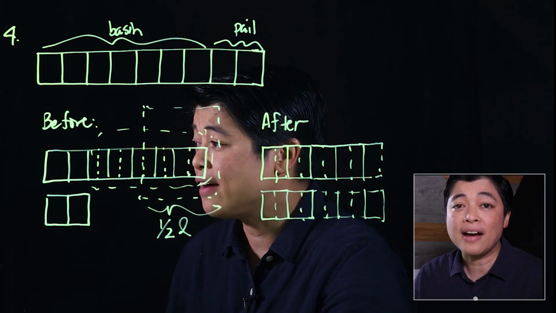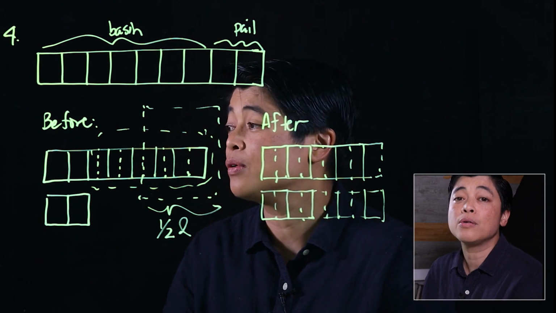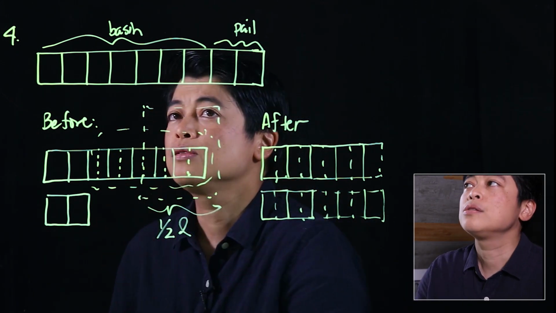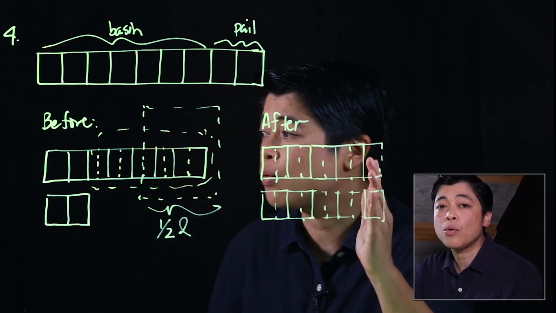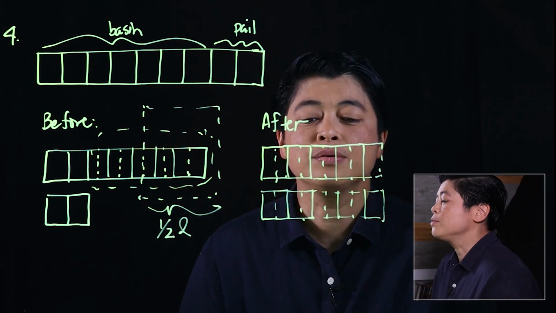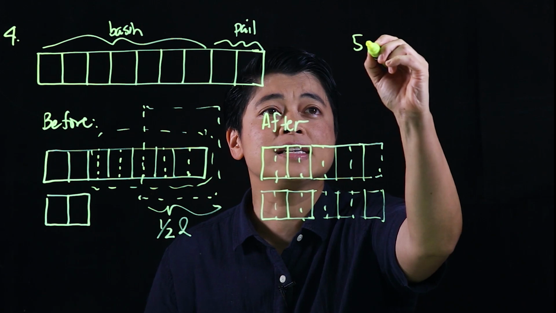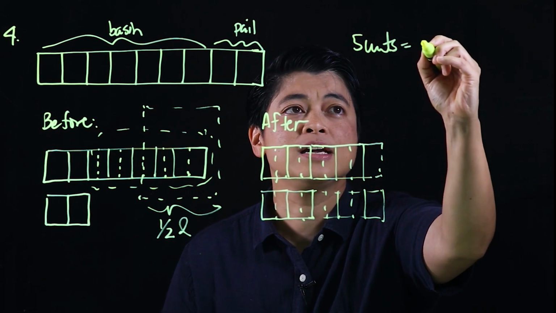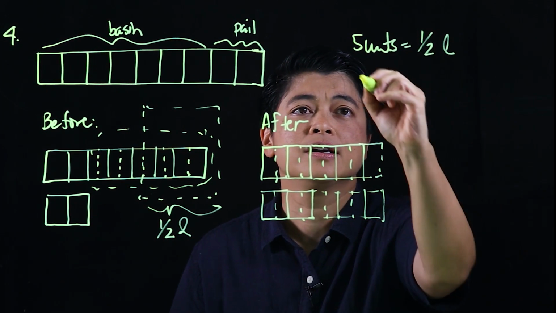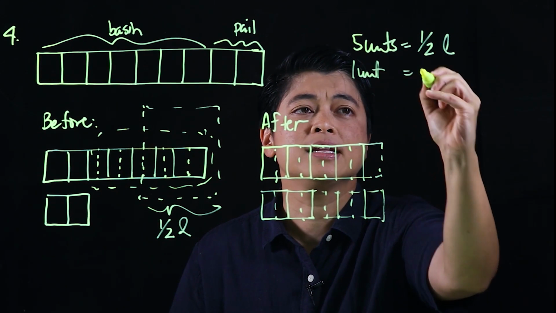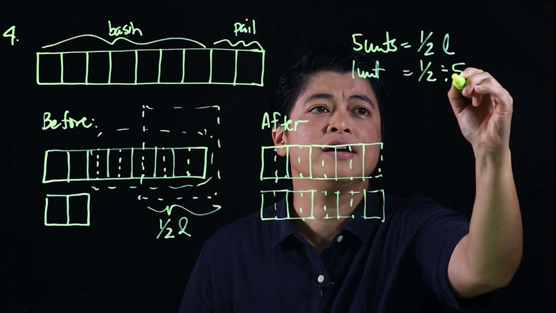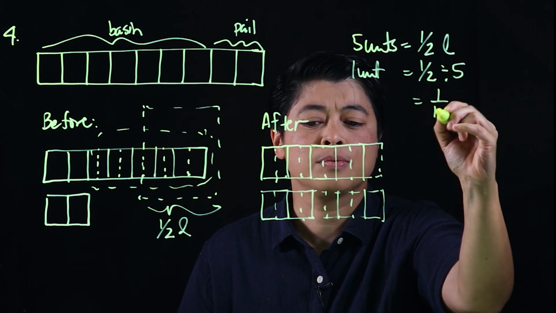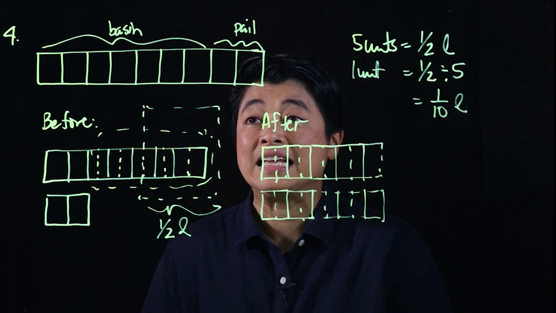So if you take half of the smaller boxes, that would be 5, you transfer to the pail. When you do, they'll end up being equal amounts. Okay, so 5 units is equal to 1/2 liter, which means 1 unit is equal to 1/2 divided by 5, which means that's 1/10 of a liter.